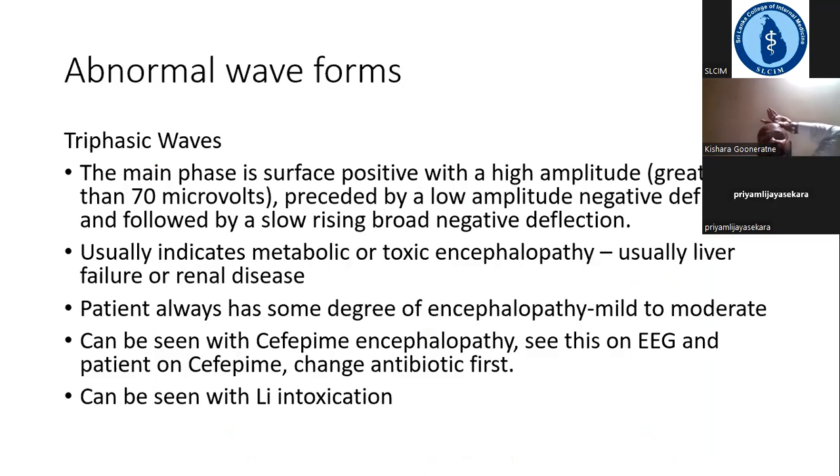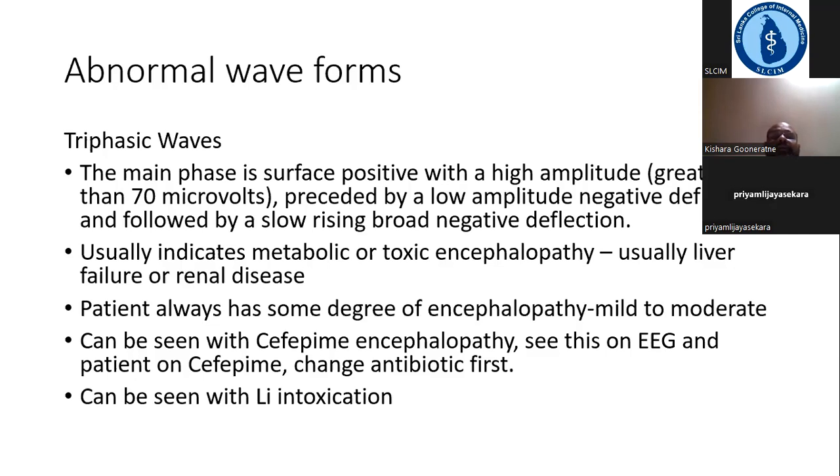As the name mentions, it has three phases, right? The main phase is surface positive, which means that it's a downward deflection. The main waveform that you'll generally see is a downward deflection which has a higher amplitude compared to the two negative, upward deflections.